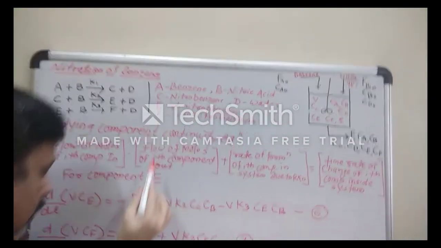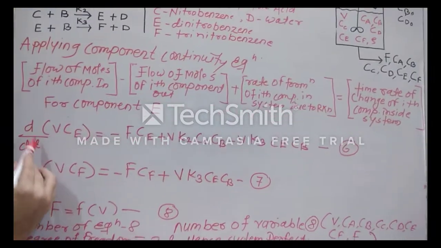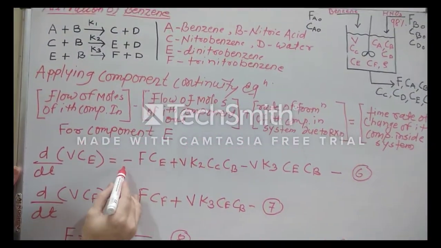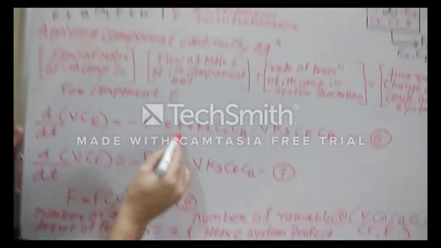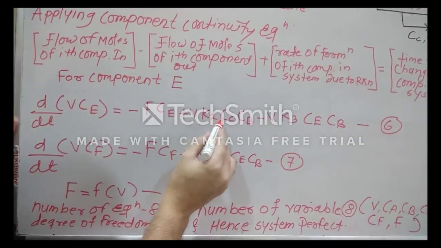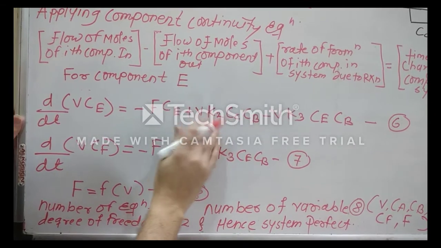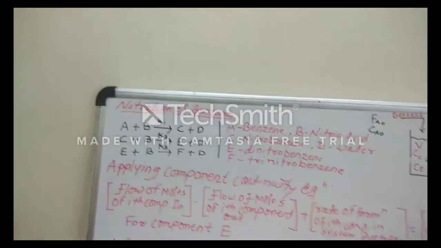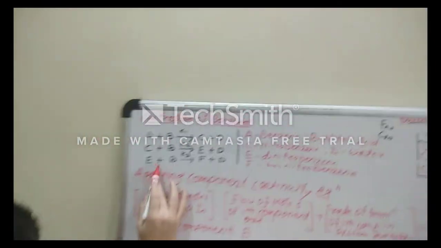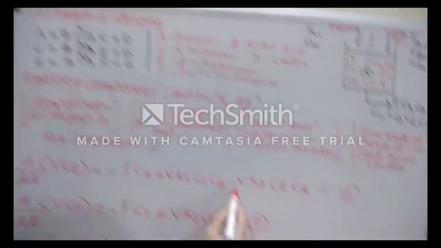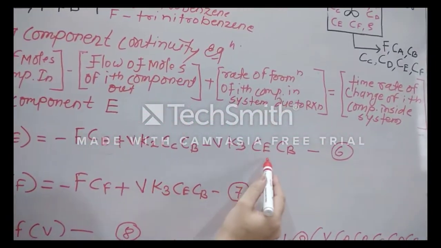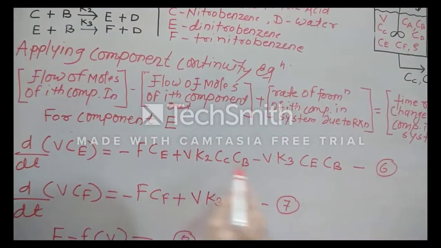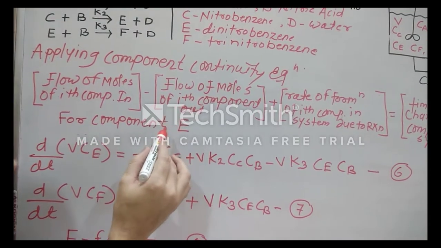So we can write the equation like this: d by dt of V into Ce is equal to minus F into Ce plus V K2 Cc Cb, as Ce is the product in the second reaction, and in the third reaction it is a reactant, so we write minus V K3 Ce into Cb. So this equation 6 forms the component continuity equation for component E.